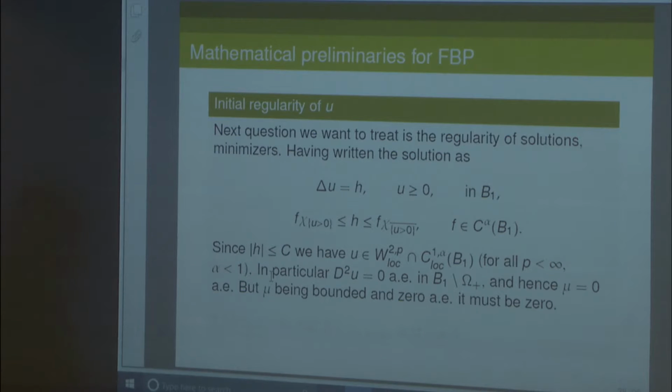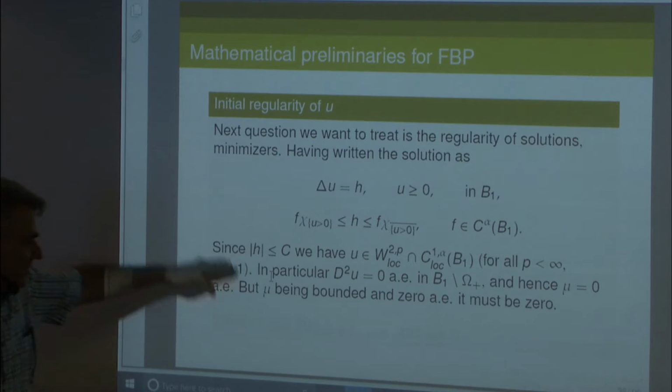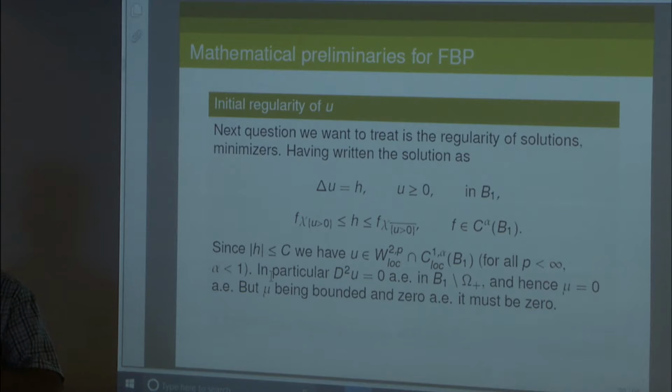So you realize that now, without looking at this, if your function u is 0, and then it goes off being positive, it can never be something like what my picture was, because it's C1 alpha. C1 alpha means it has a gradient.